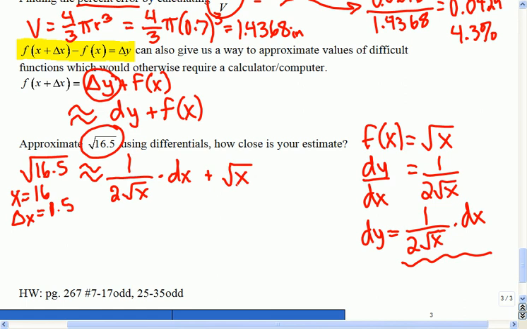So again, my approximation is going to be 1 over 2 root 16 times delta x, which is 0.5, plus the square root of 16.